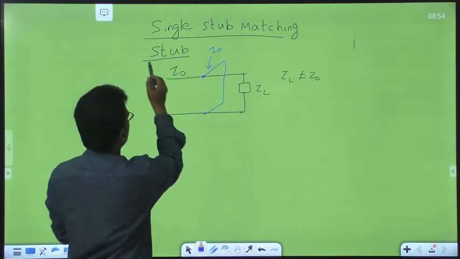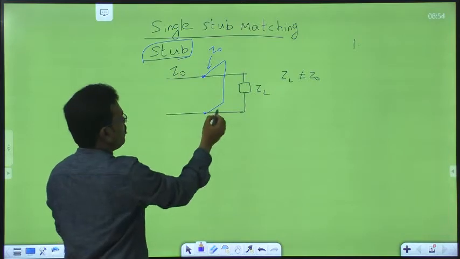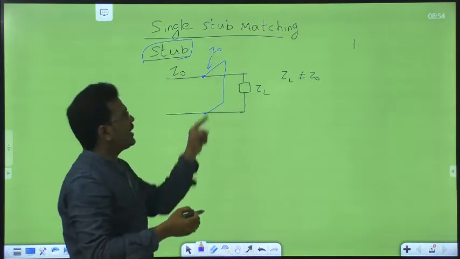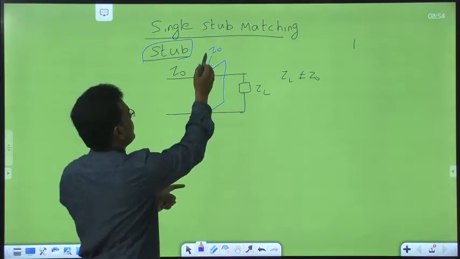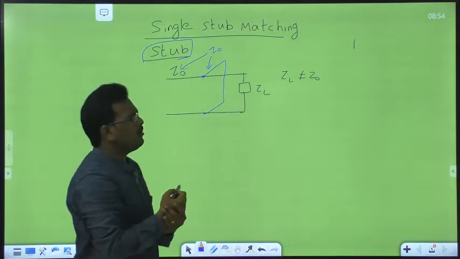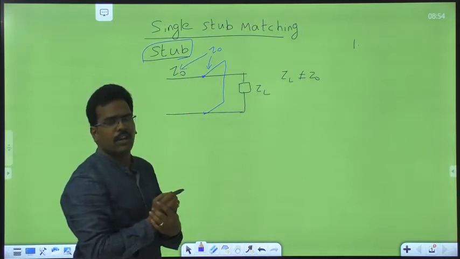That is called a stub. What is a stub? A stub is a small portion of transmission line whose characteristic impedance is the same as that of the main transmission line. That is called a stub.